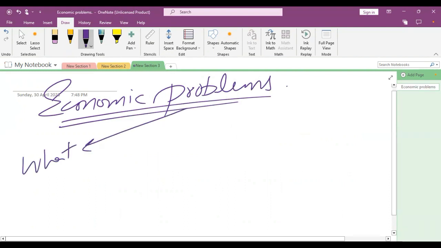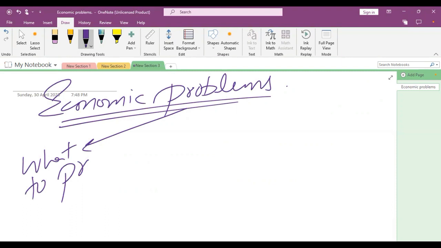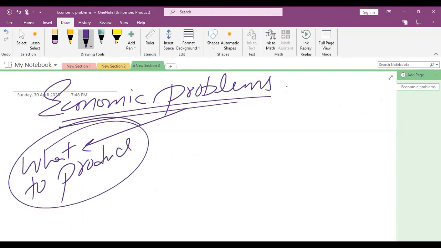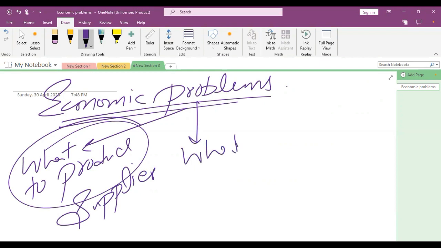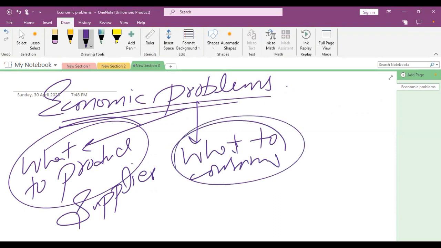Some of them are: what to produce, mainly depending upon the supplier. The supplier thinks what to produce. The consumer thinks what to consume in available resources.